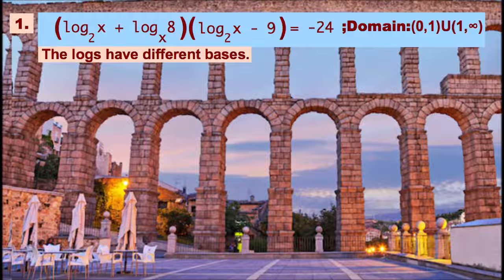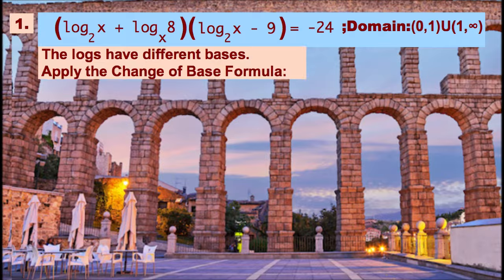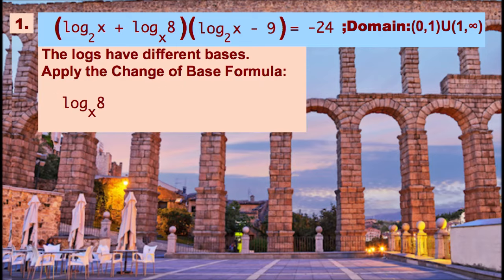The logs here have different bases, so let's apply the change of base formula. Log base x of 8 is equal to: write the fraction out with log at the top and at the bottom. Then, fill out the base with the new base you want to use.